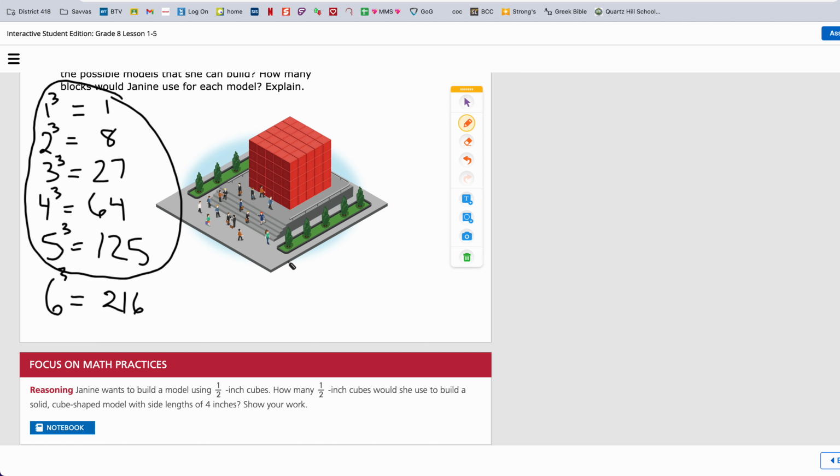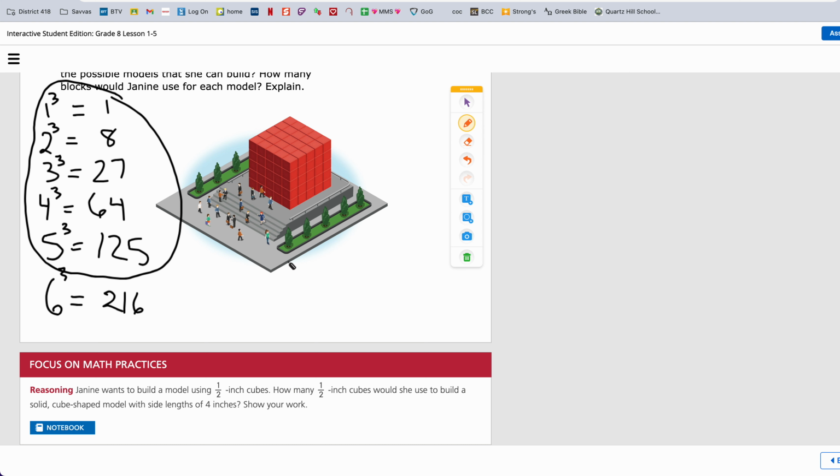So how many 1/2-inch blocks does it take to make 4 inches, Rylan? 128. 128. If we make a line of 1/2-inch blocks that is 4 inches long, how many blocks would it take to make that line? 8.